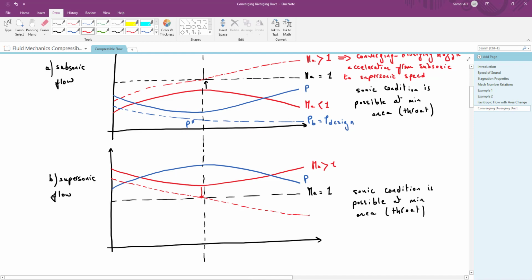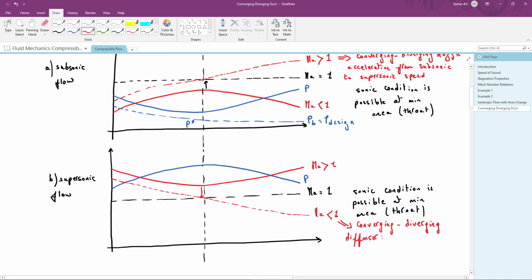So the Mach number will continue to decrease and it will reach subsonic condition at the exit of this converging diverging section. And in this case, we call the converging diverging duct a converging diverging diffuser.